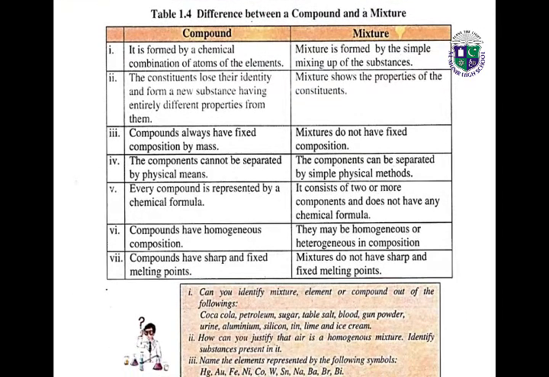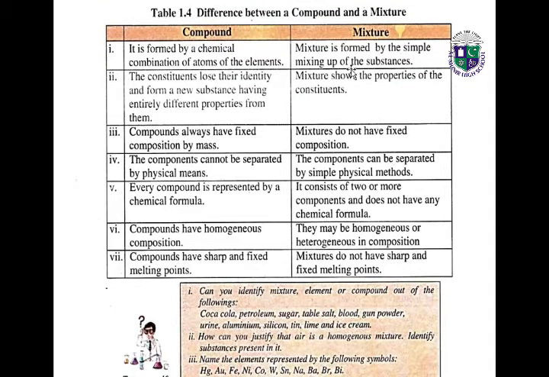Next we have the comparison or difference between a compound and a mixture. Look at it. First point: a compound is formed by a chemical combination of atoms of the elements. A mixture is formed by the simple mixing up of substances. Point 2: the constituents lose their identity to form a new substance in case of compounds.